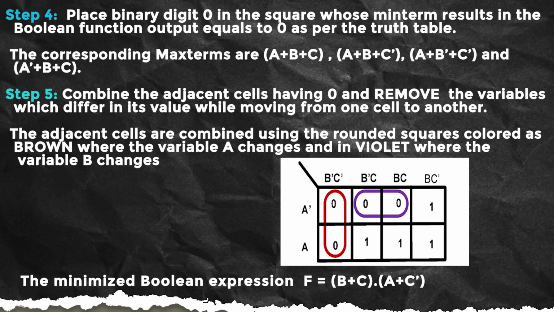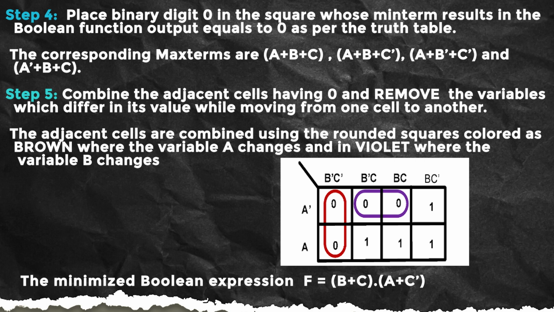You can see that I colored it brown. The two zeros are combined because the combination should be in groups of 2, 4, 8, 16, 32 and so on. The variable that is changing is variable A. Only the variables which stay the same are B bar, C bar, so I can write it in max term form as B plus C.